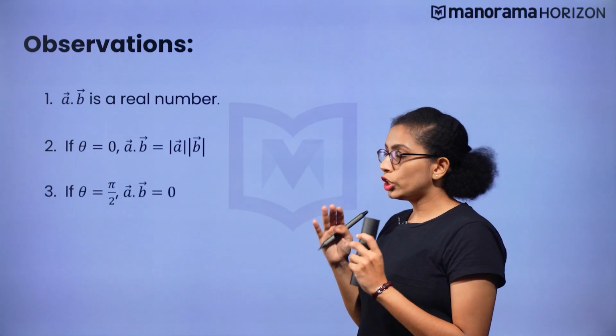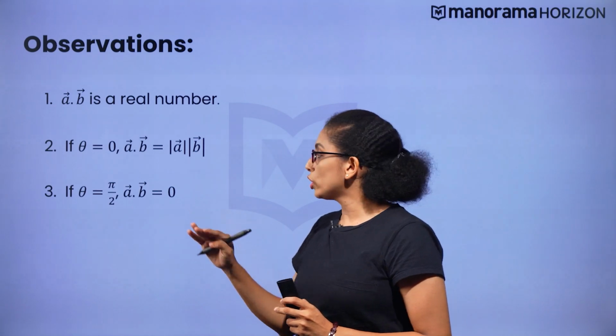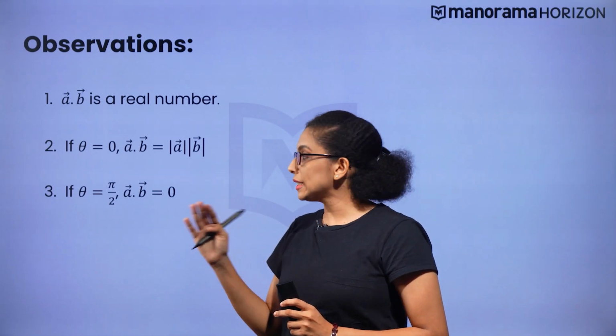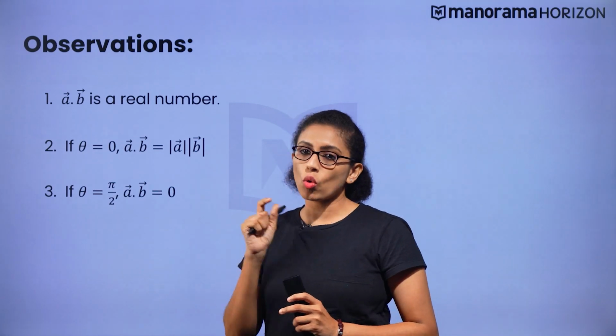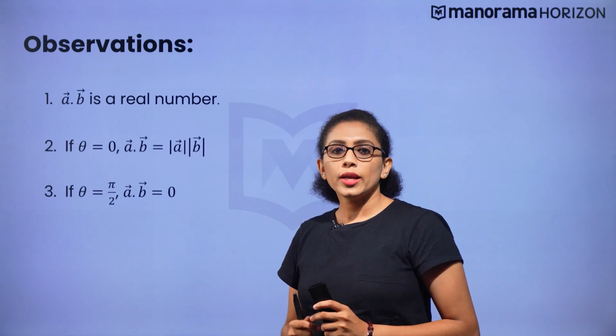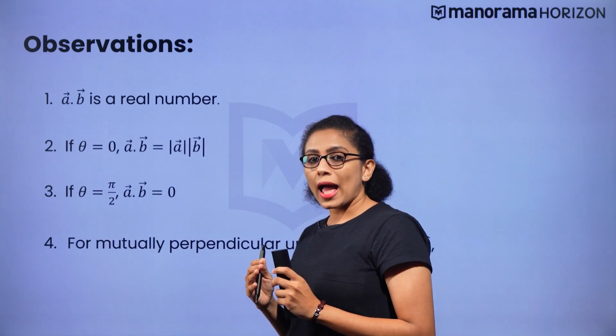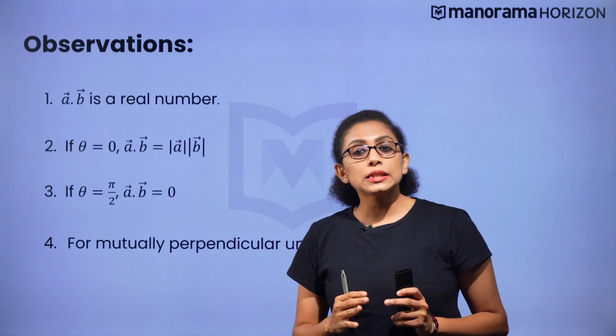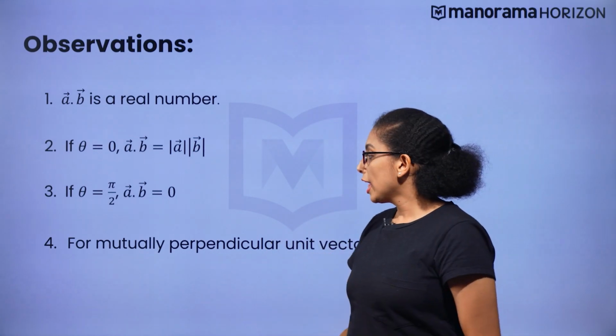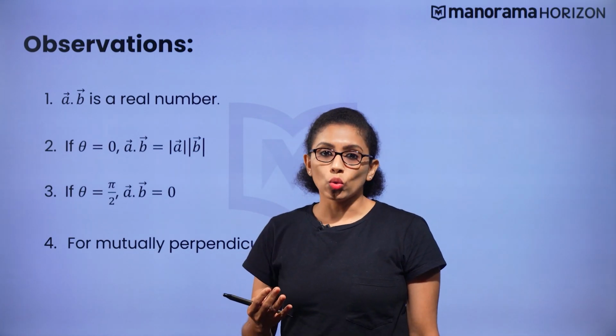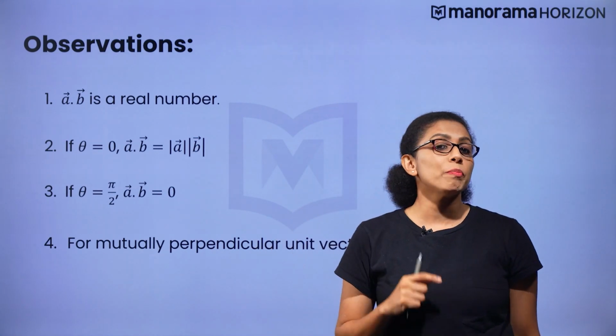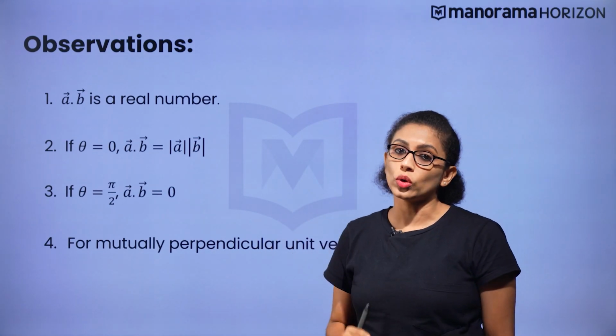Third, the dot product of two vectors is equal to 0 when theta is equal to pi by 2, because cos pi by 2 is 0. Another thing is that the dot product of two vectors is maximum when theta is equal to 0, as cos theta will have its maximum value 1 when theta is equal to 0.